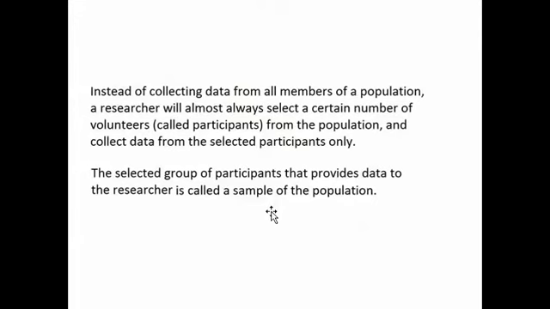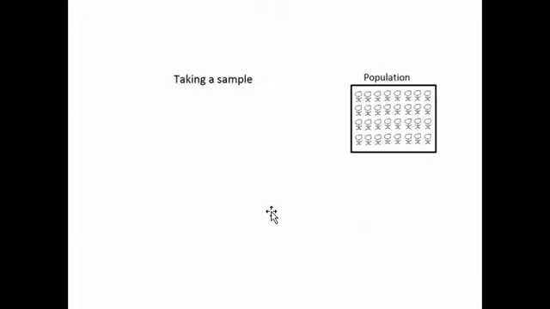They're the selected group of people that I'm collecting data from, and all 20 million college students in the US are the population that I'm trying to learn about. So what I'm doing is collecting data from the members of my sample to try to learn something about the population that they belong to.